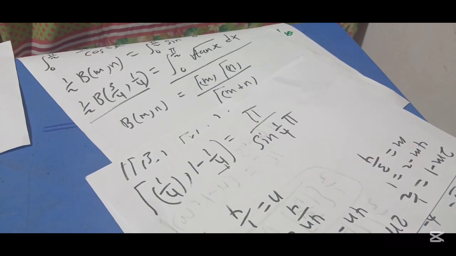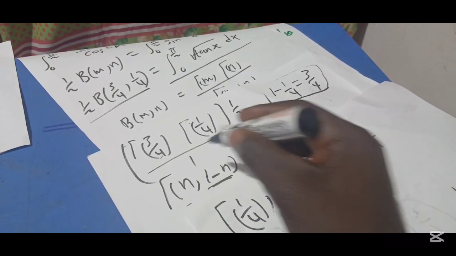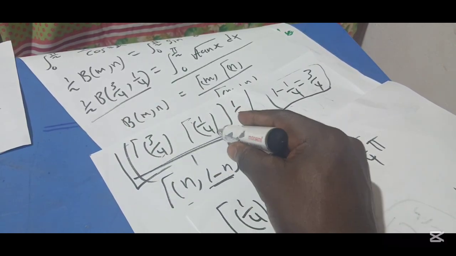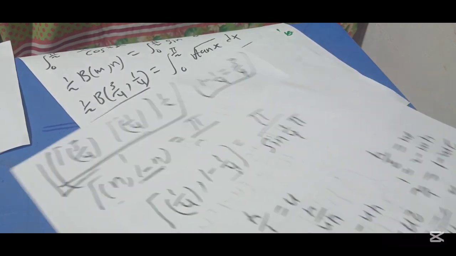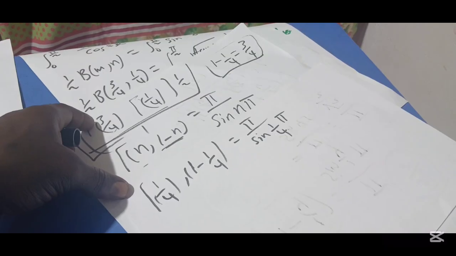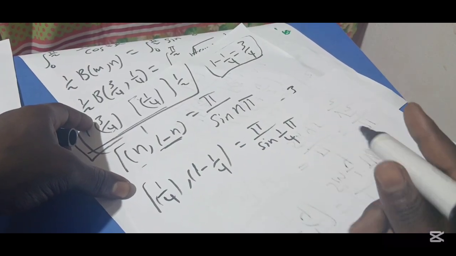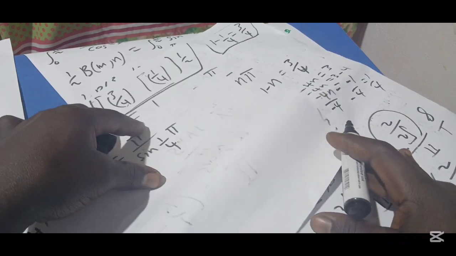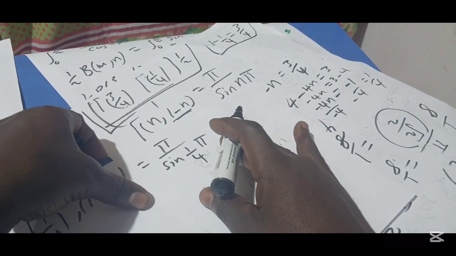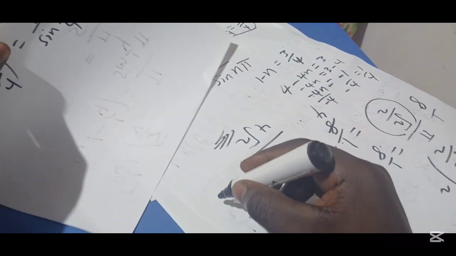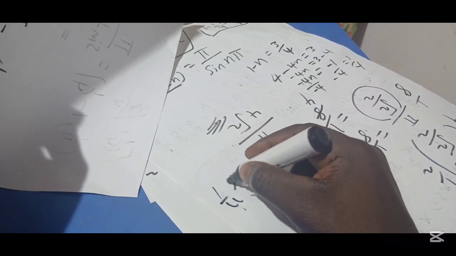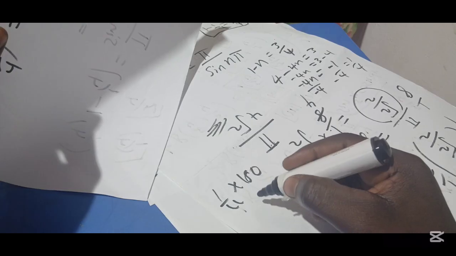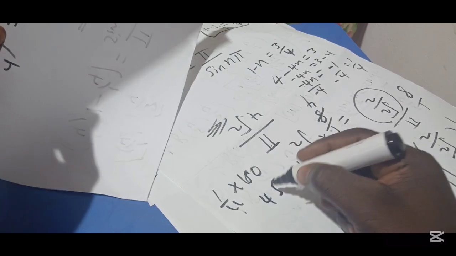But don't forget that this is how far we have solved the problem, and we are trying to evaluate this one and multiply it by half. And we know that pi is 180, right? So 1 over 4 multiplied by 180 is going to give us 45.